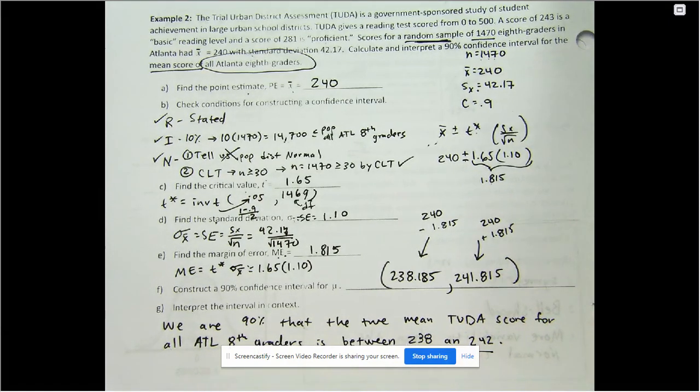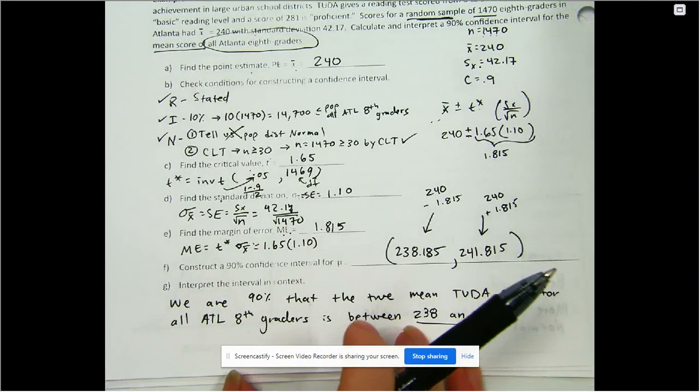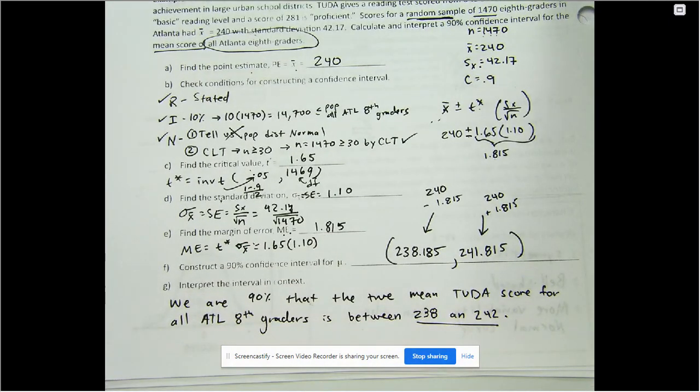I rounded in my estimate, or you could have given all of the decimals. So I am 90% confident that the true TUDA score for all ATL 8th graders is between 238 and 242.